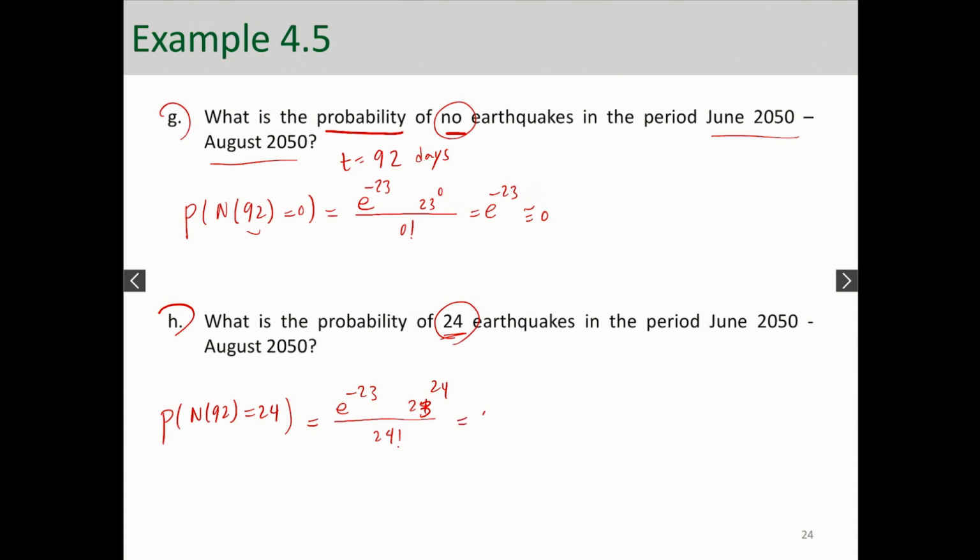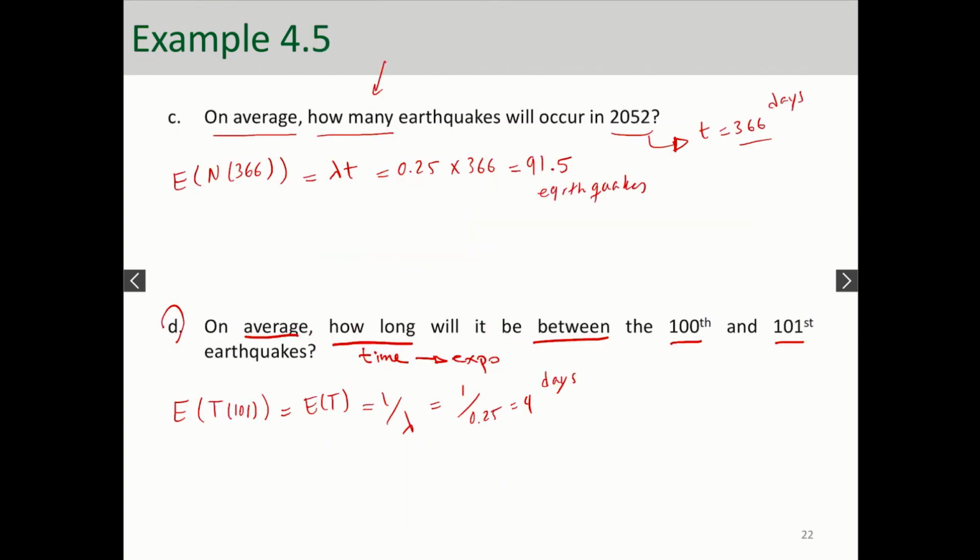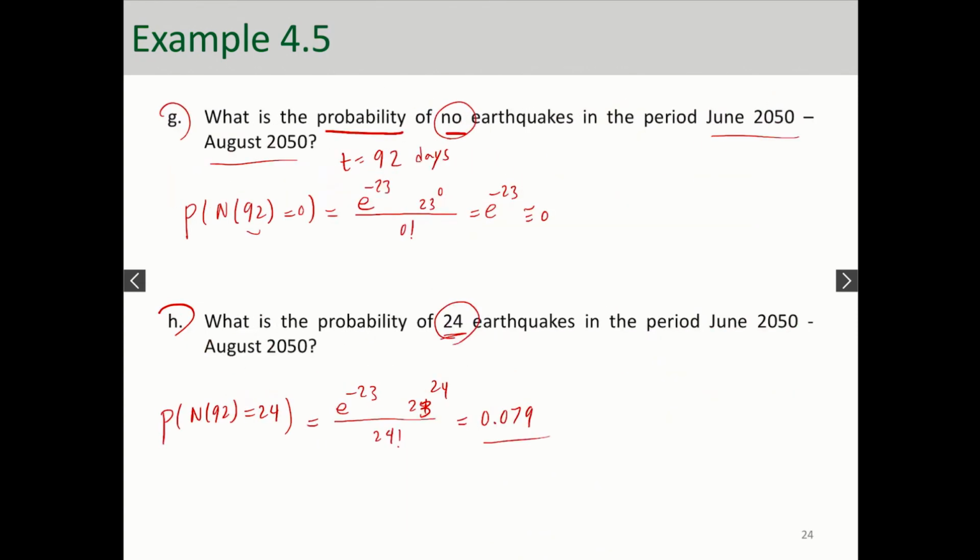And that's going to be a little more, 0.079, about 8% chance that you'll see 24 earthquakes in that time period. So that was the example that we needed to work on to review both exponential and Poisson in this module. Thank you.